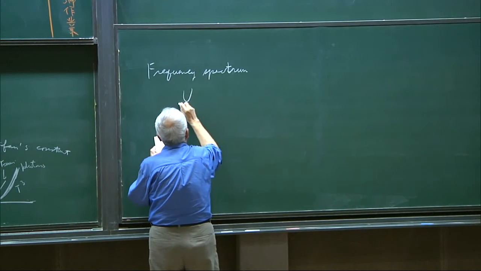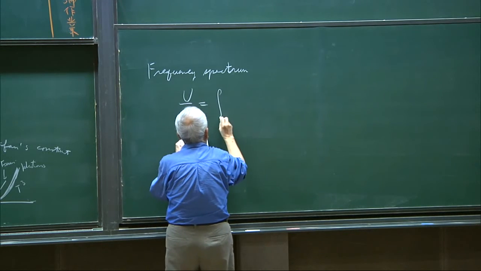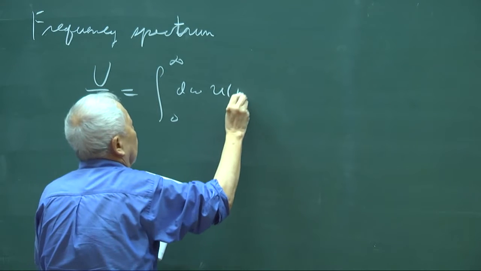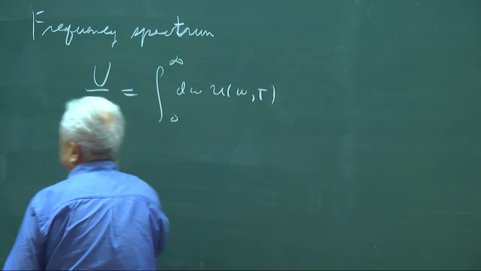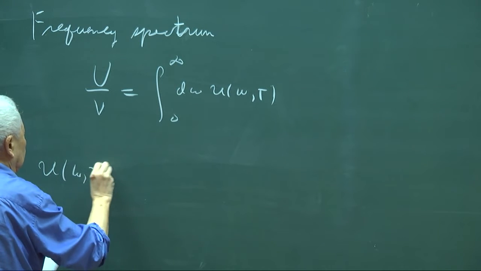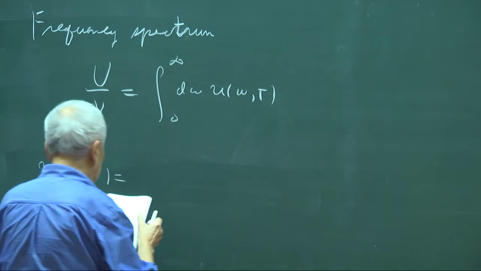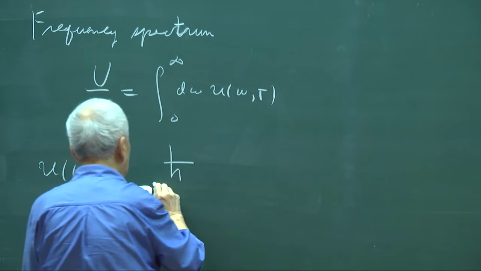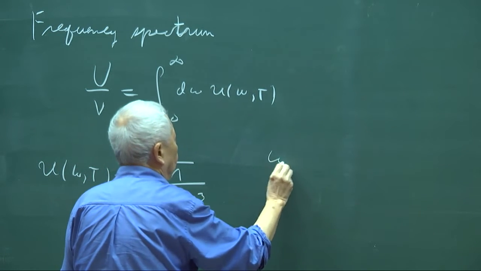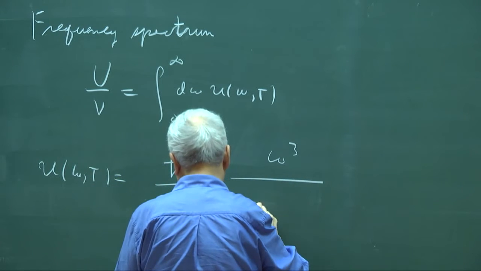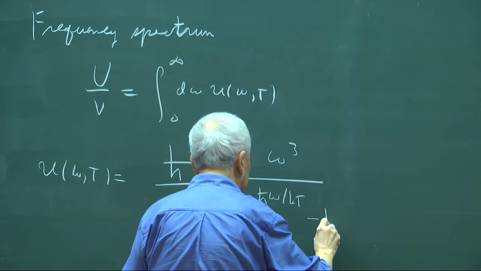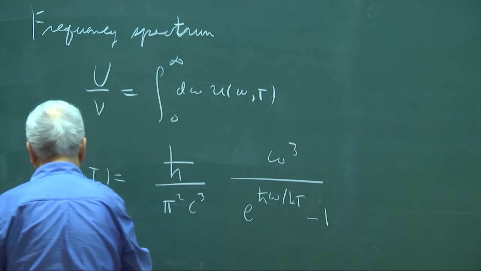I can write u_V equal to the integral from 0 to infinity d omega of u of omega and T. And you can extract this u from what we have computed, and u of omega, T is equal to h bar over pi squared c cubed, omega cubed over e to the h bar omega over kT minus 1. And this is a Planck distribution.